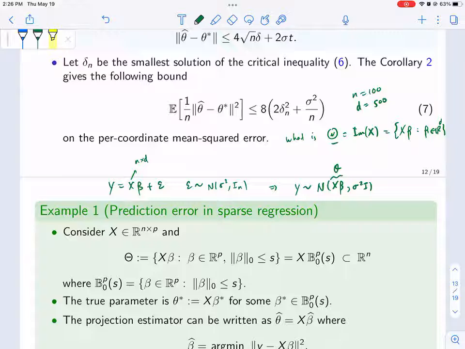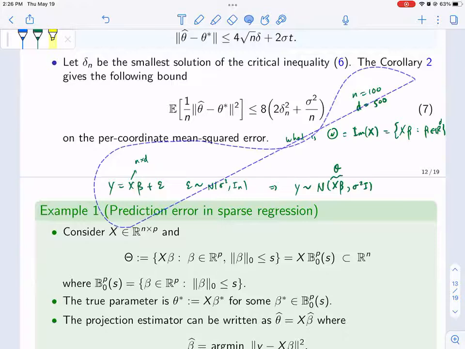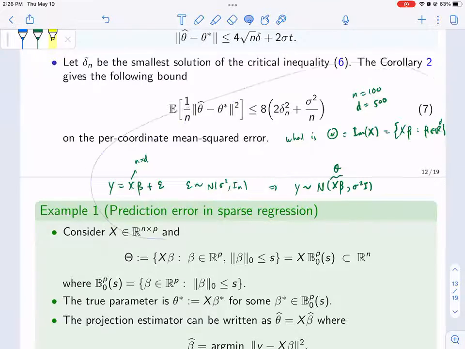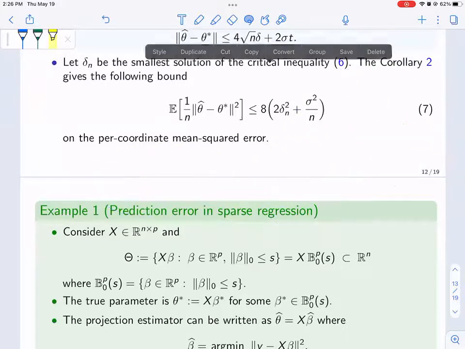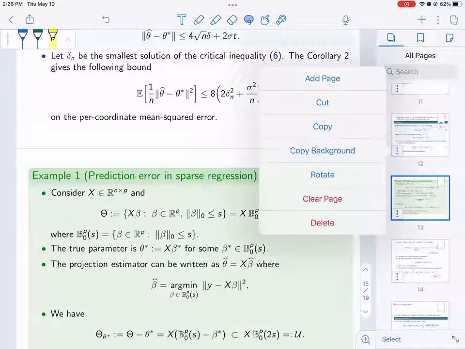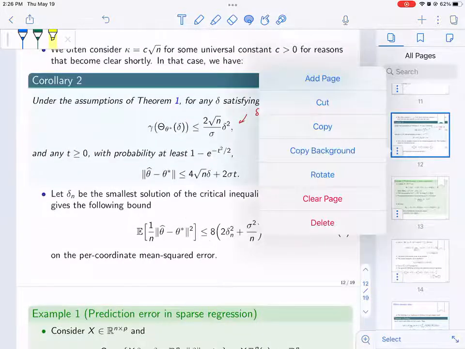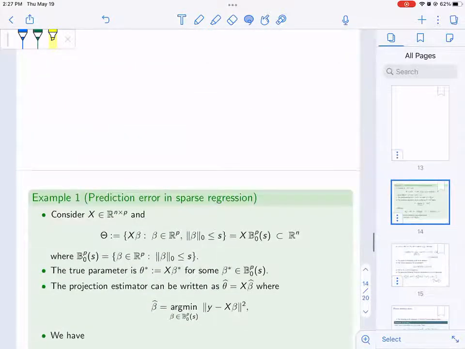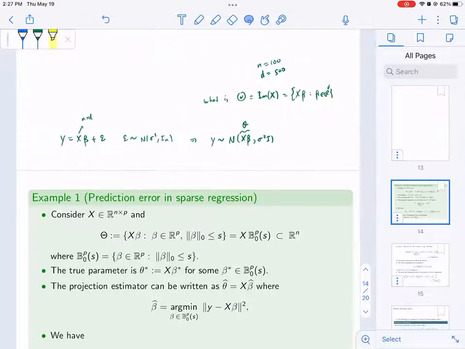So what is the rank of x? This is still true, but it's just simplified.